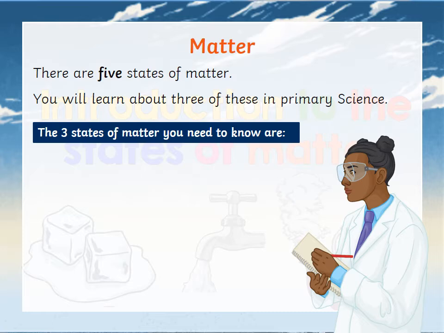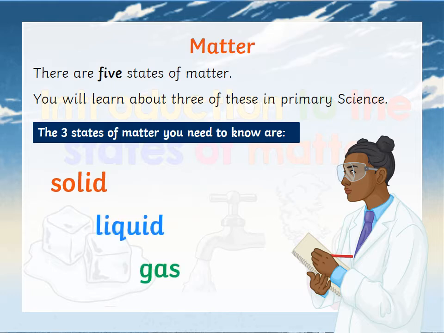However, we will learn about 3 states of matter in our primary science. The 3 states of matter that you need to know are solid, liquid, and gas.